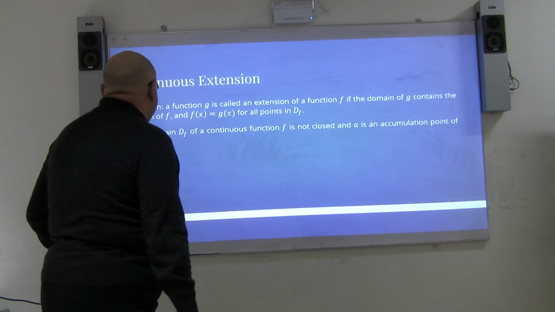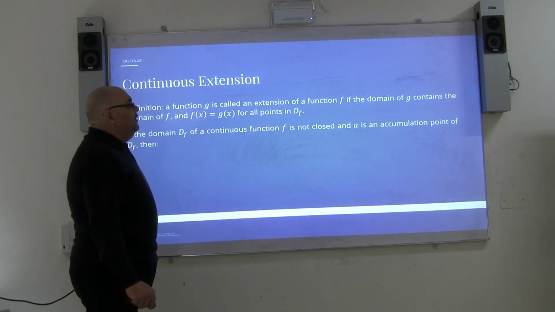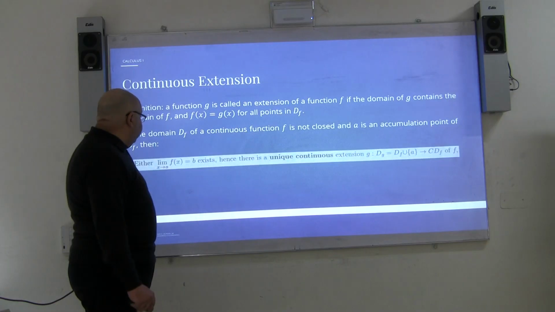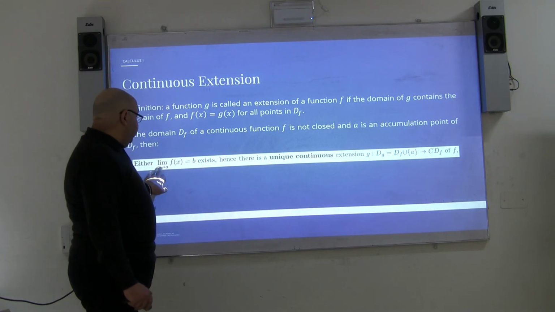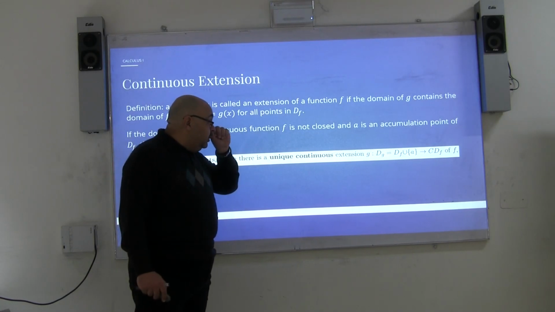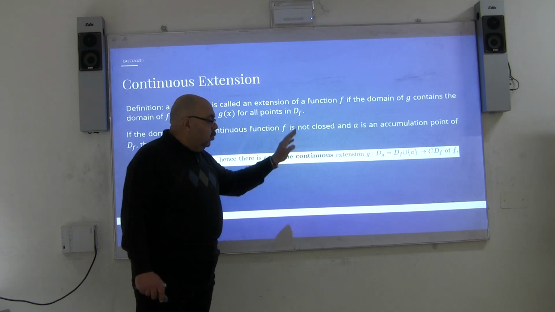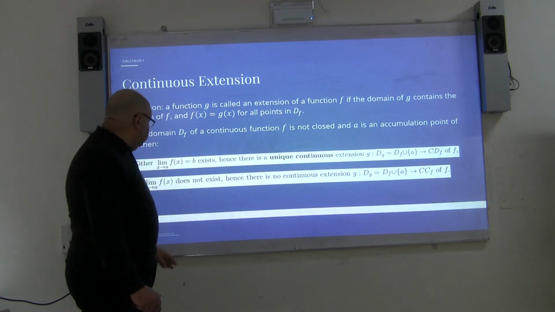So once more, if the domain df of a continuous function f is not closed and the a is an accumulation point of them, then the limit of f of x as x tends to a equals b exists, hence there is a continuation or continuous extension g once you do this condition, as you can see.